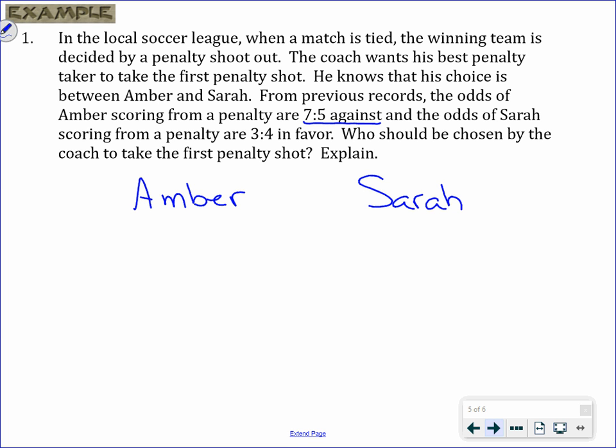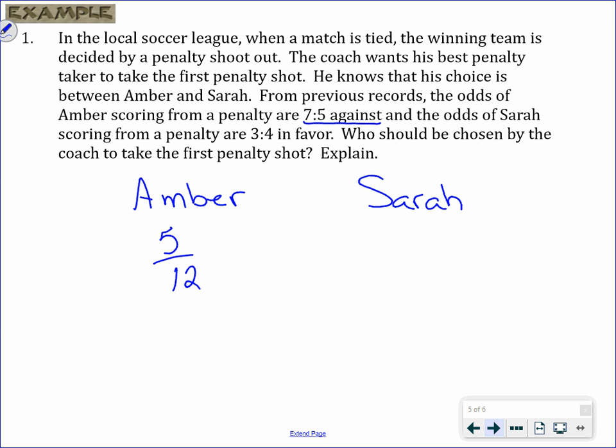So that means that, comparing not scoring to scoring, she's 7 to 5. So if we want the number of times that she scores, that's going to be 5 out of the total number. So 5 plus 7 will give us 12. So Amber will have a 5 out of 12 chance of scoring.